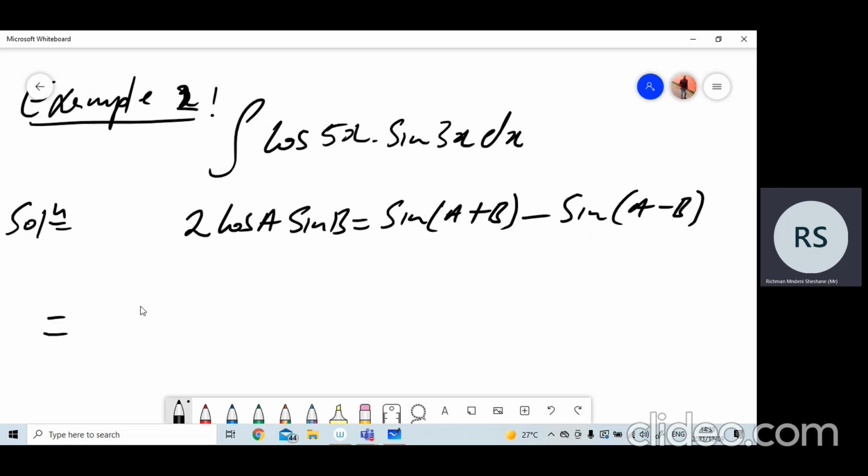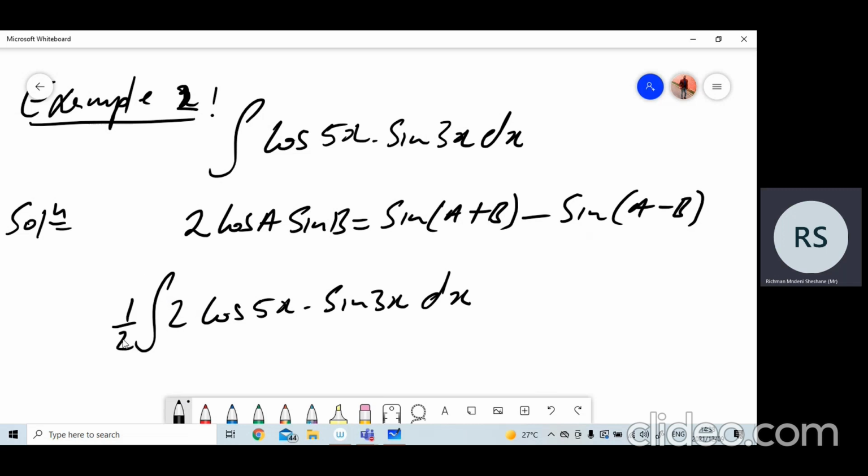So let me introduce 2 here in my problem, 5x and 3x. I introduced 2, but remember I need to divide by 2, so I don't affect the value of my integral.